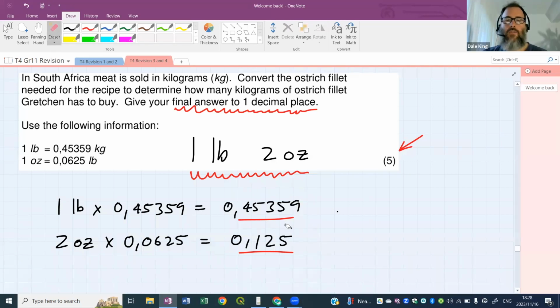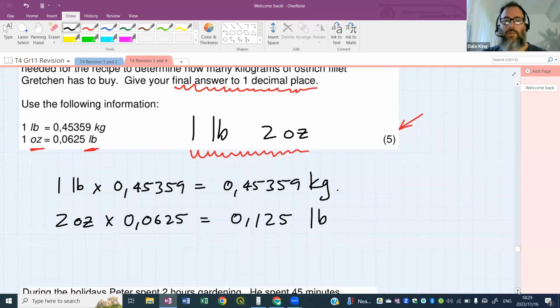But if you have your units in place, you will see the top one is in kilograms. The bottom one, if we look at the conversion over here, ounces, this conversion takes you to pounds. So this second one here is not kilograms, that's pounds.